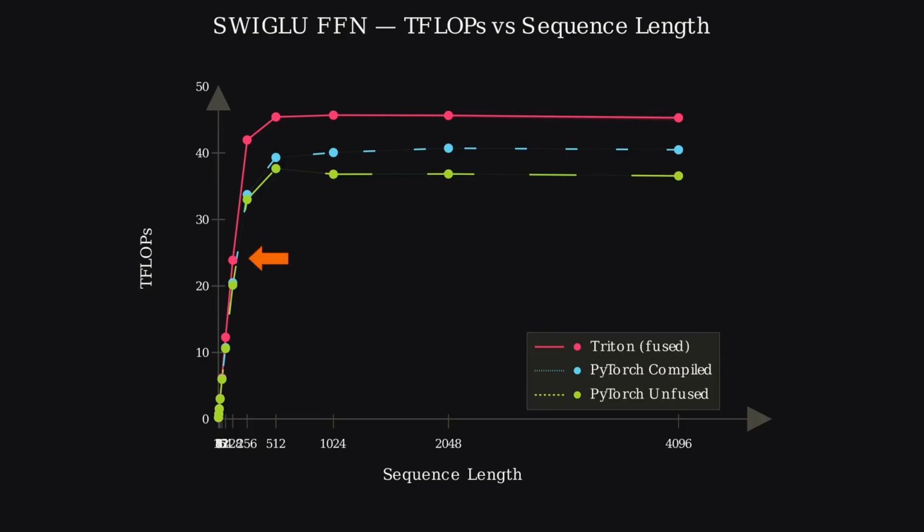At small sequence lengths, they are really close, but as we scale up, Triton pulls ahead and hits 45 teraflops, while compiled PyTorch sits at 40 and unfused trails at 37. Notice what unfused PyTorch does at the right side of the chart. It doesn't flatline, it slowly drops.